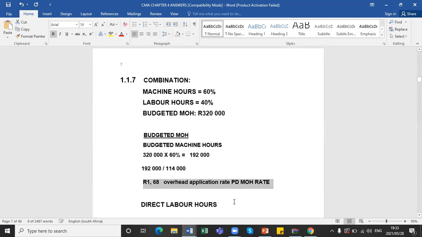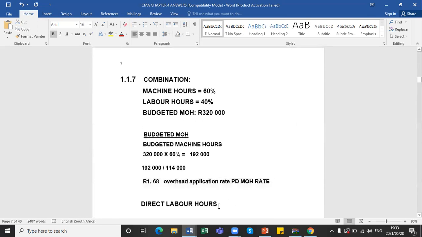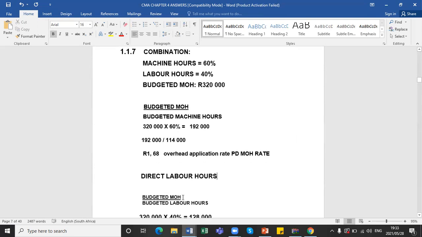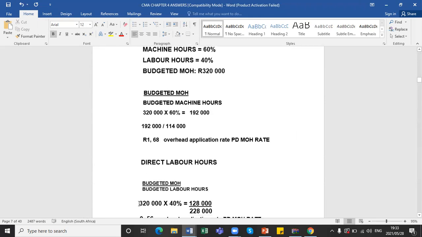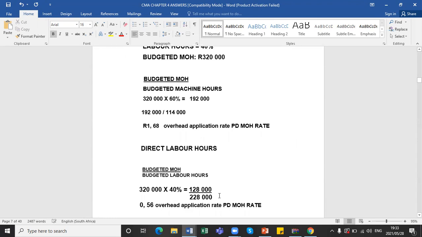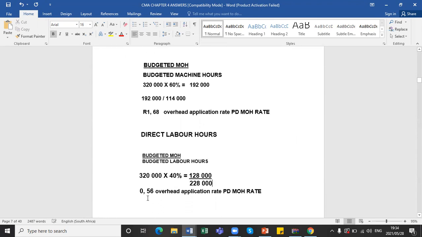You're going to work out another predetermined rate, this time using labor hours as the base. So budgeted MOH over budgeted labor hours. The budgeted MOH was 320,000, but you're only going to use 40% of it, which is 128,000, divided by the full labor hours of 228,000. And there is my predetermined rate.